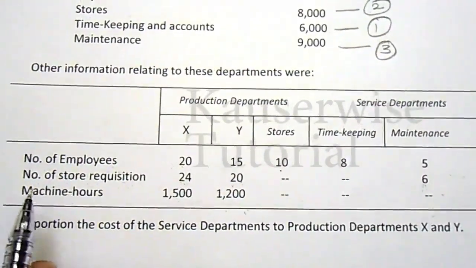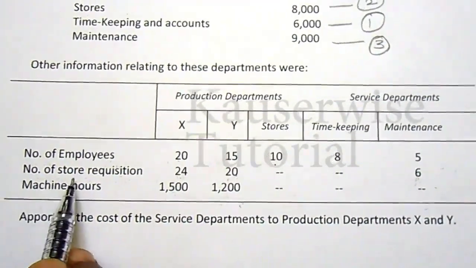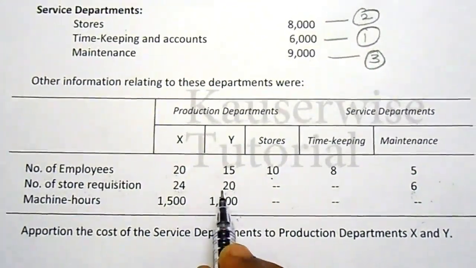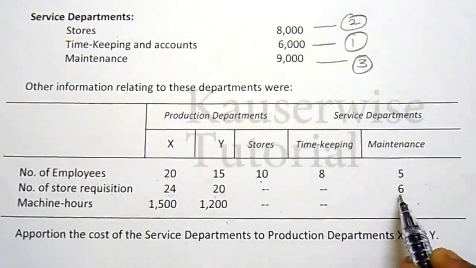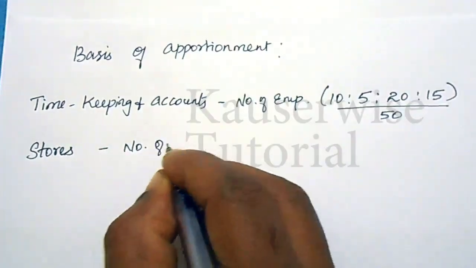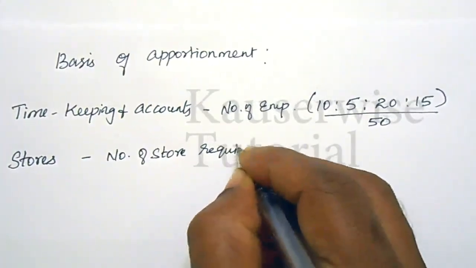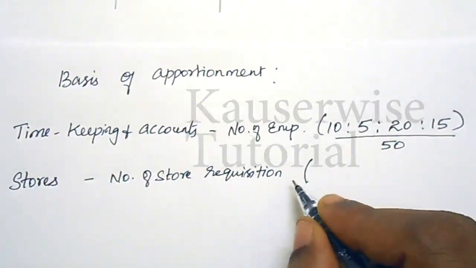For stores department, we are going to take the number of stores requisitions as the basis. For X 24, for Y 20, for maintenance 6. This we are going to divide among which departments?